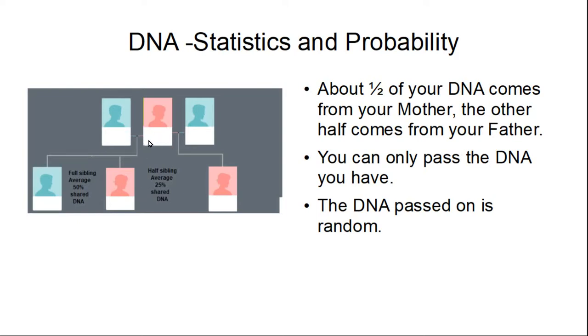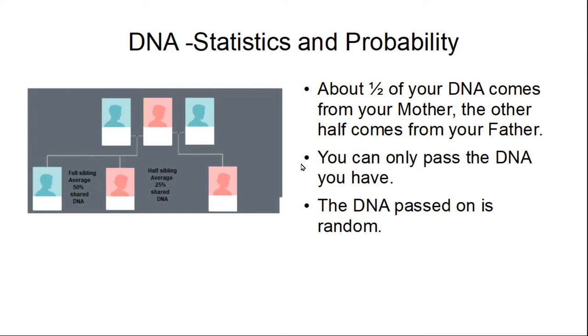If you have a half sibling, since you are only working with half of your DNA, the average shared amount is going to be 25% of your DNA. These are averages. Nobody is average. You can only pass on the DNA that you have.